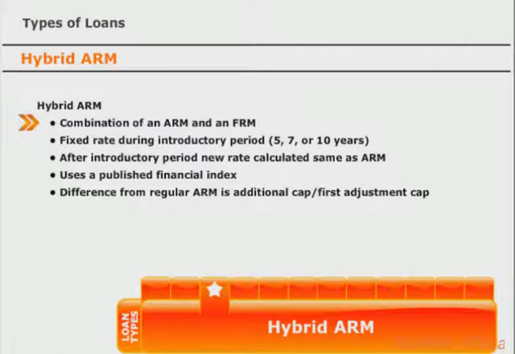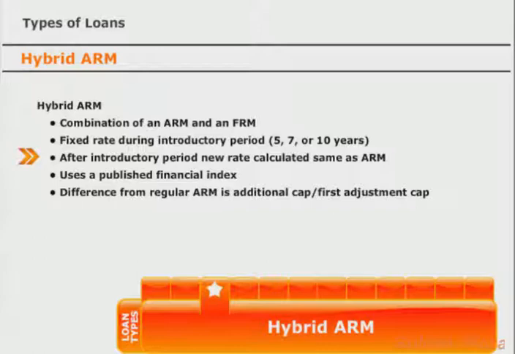A hybrid ARM is simply a combination of an ARM and an FRM. This popular loan choice features an introductory period in which the rate is fixed. Generally, the shorter the fixed rate period selected, the lower the rate. Most loans offer introductory fixed rates for the first 3, 5, 7, or 10 years of the loan.